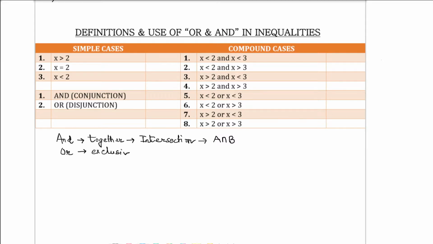And when I am using the word exclusive here, then I should use the word inclusive in terms of "and". So, when I'm using intersection for "and", in that case, I'll be using the word union for "or". So, Anant or Naveen, represented by A or B here, is a union.